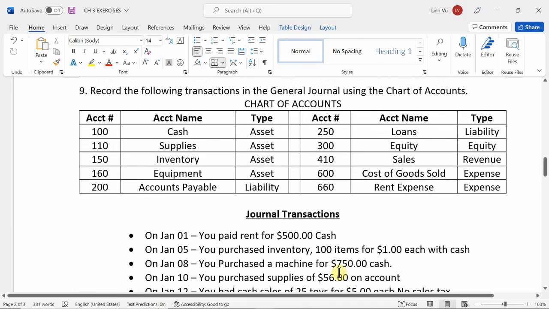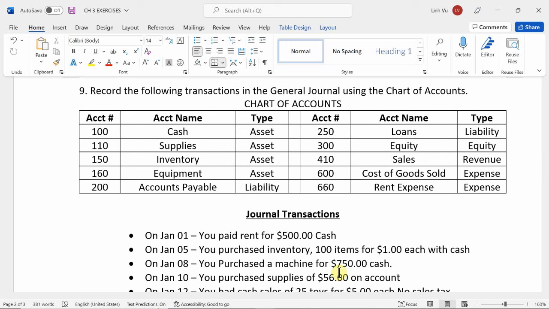So let's take a look. Do I have a cash account? Yes. What type of account is my cash? Asset. It's an asset, okay? Now, do I actually have a machines account?